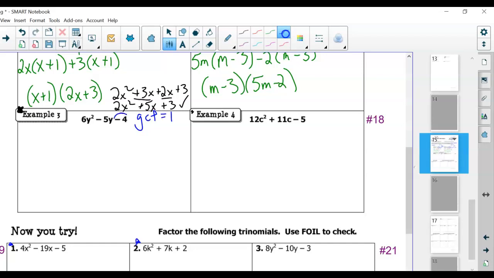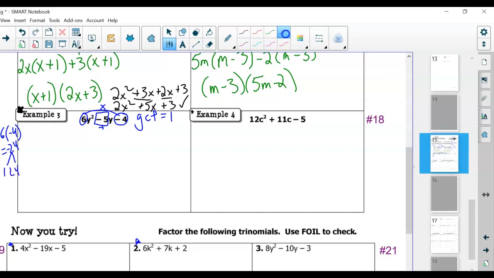I'm going to multiply 6 and negative 4. And I'm looking for factors of negative 24 that multiply to be negative 24, but add or subtract to be negative 5.